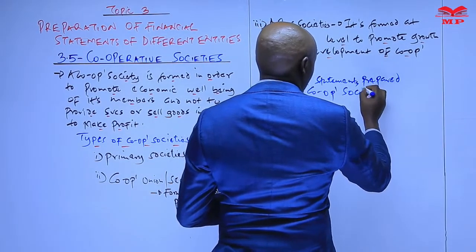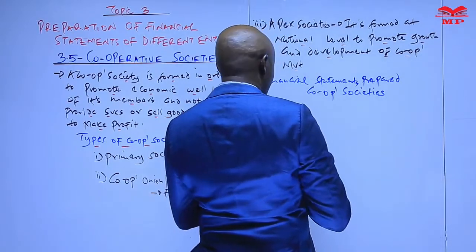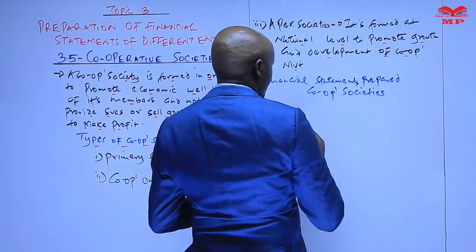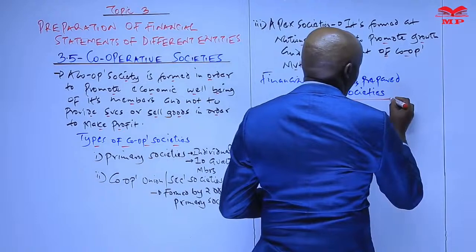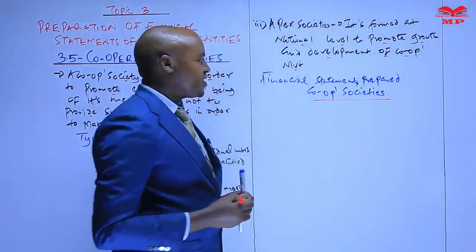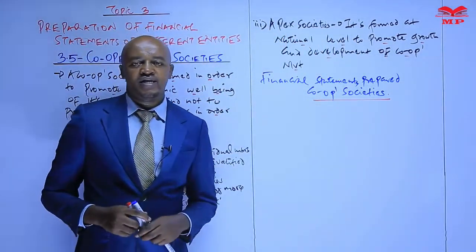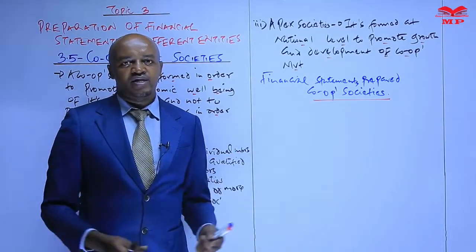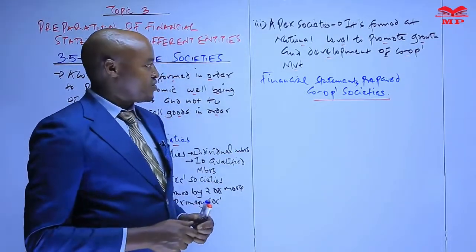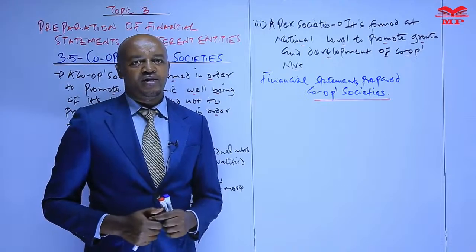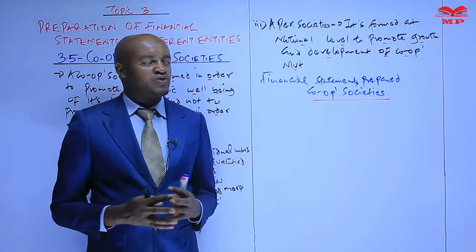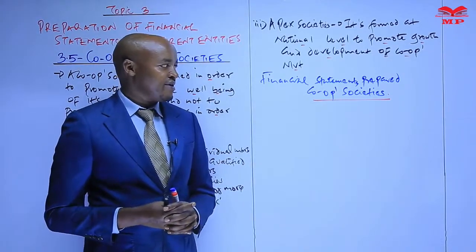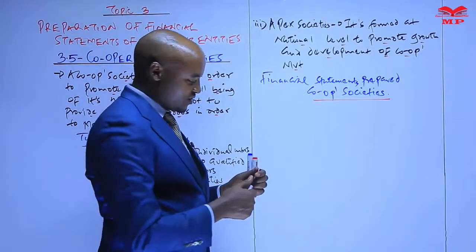First of all, it is important to note that when we talk about financial statements, we are talking of the final accounts which are prepared by cooperative societies at the end of the year to ascertain their performance and their financial position. We have three final accounts, three financial statements, which are prepared by cooperative societies.